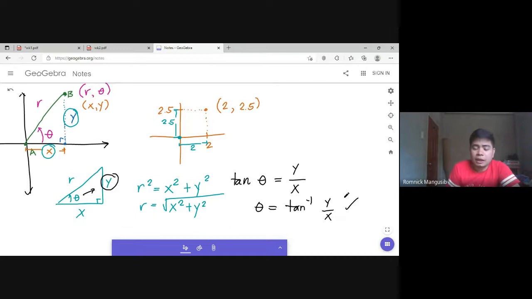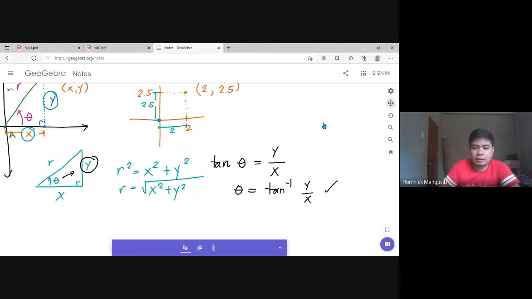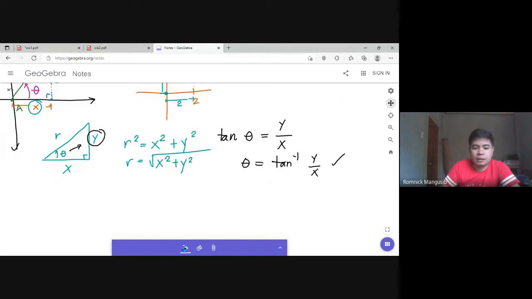Okay? And the next thing you have to consider here is how are you going to get y? So y therefore, makikita ninyo dito class na ang y ay klarong-klaro na y versus radius, or the opposite of theta over hypotenuse r signifies sine.